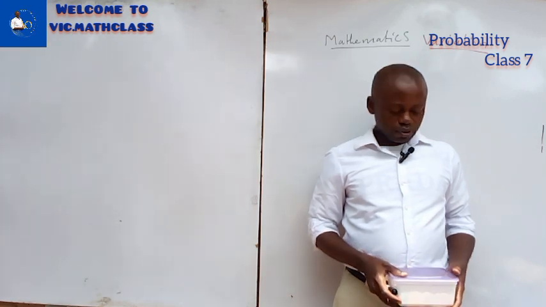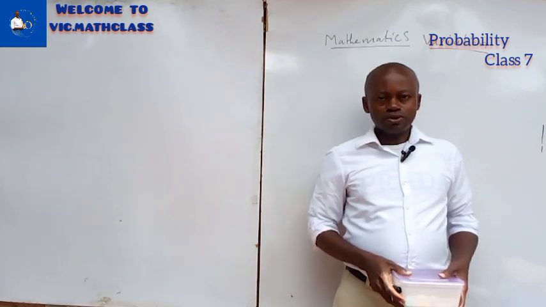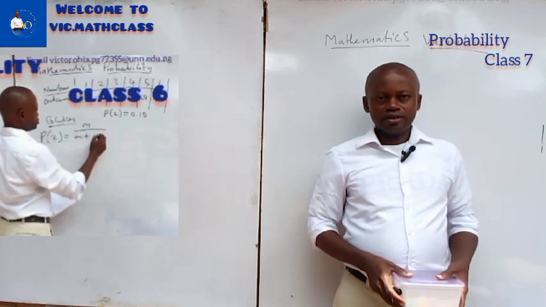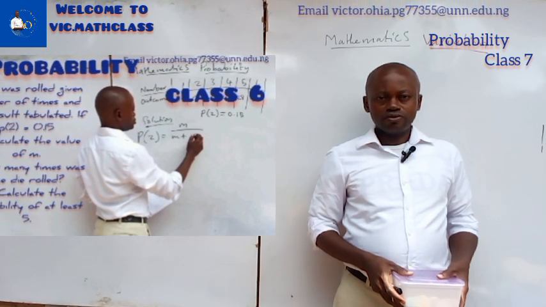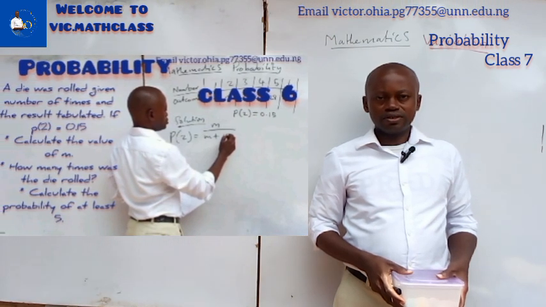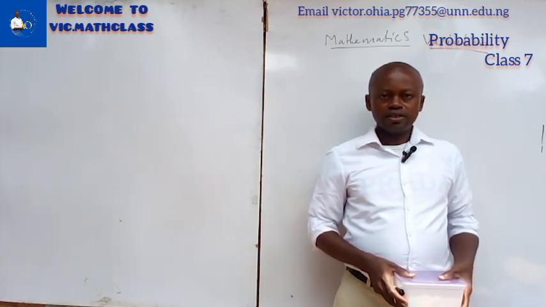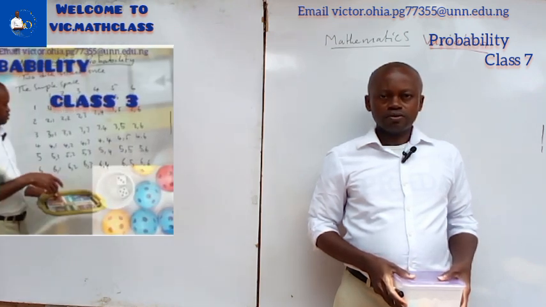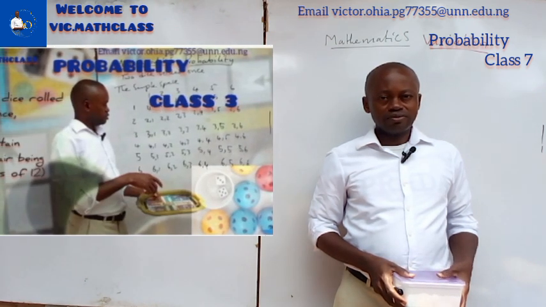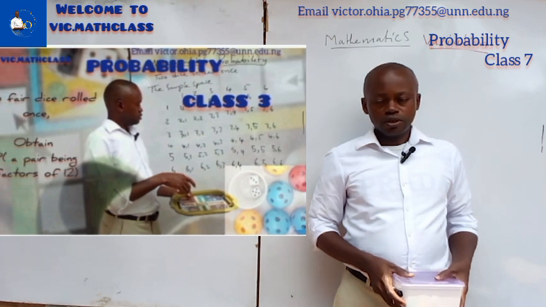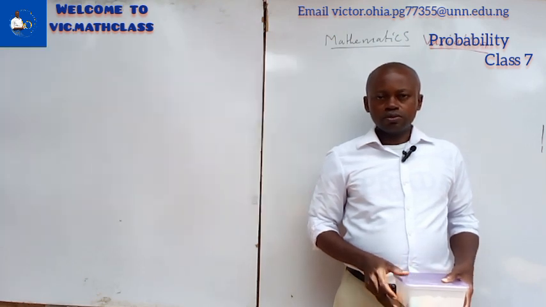Probability as an aspect of mathematics. So we are still doing a demonstration of selection with and without replacement. Anytime we are talking about selection with and without replacement, it can cause some confusion.